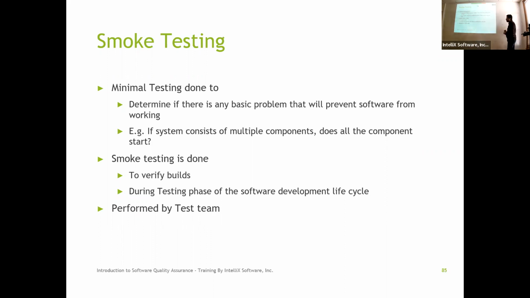Whenever you do that kind of testing, which is a little more than sanity testing, to make sure every component of the system is up and running as expected, can I proceed? Is the build working as expected? That's called smoke testing. It's done by the testing team, also in the test phase.